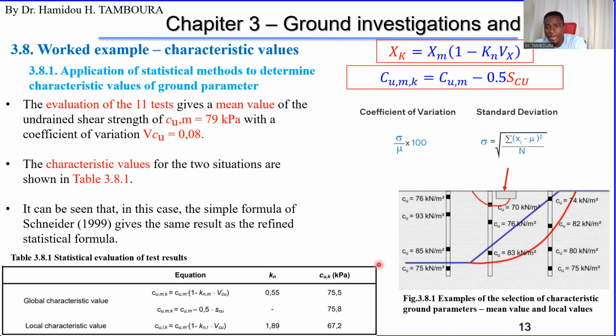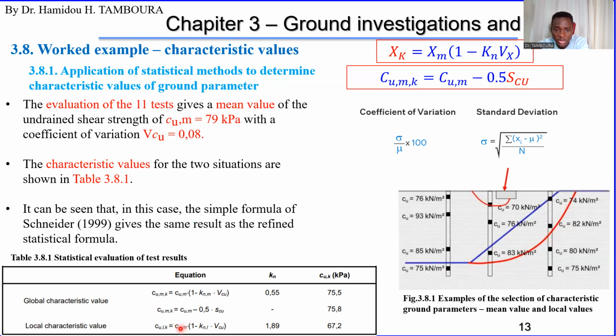Okay. In case of the footing now, applying this statistical formula, in this case it is the extreme low value, 5% fractile. So what will be different is just the Kn. As you can see, Kn here is 1.89. So you apply the formula.